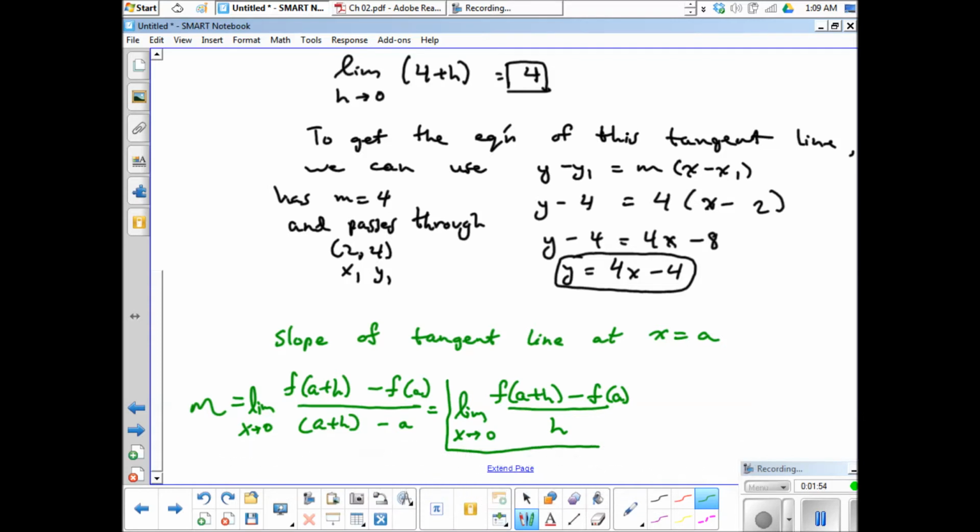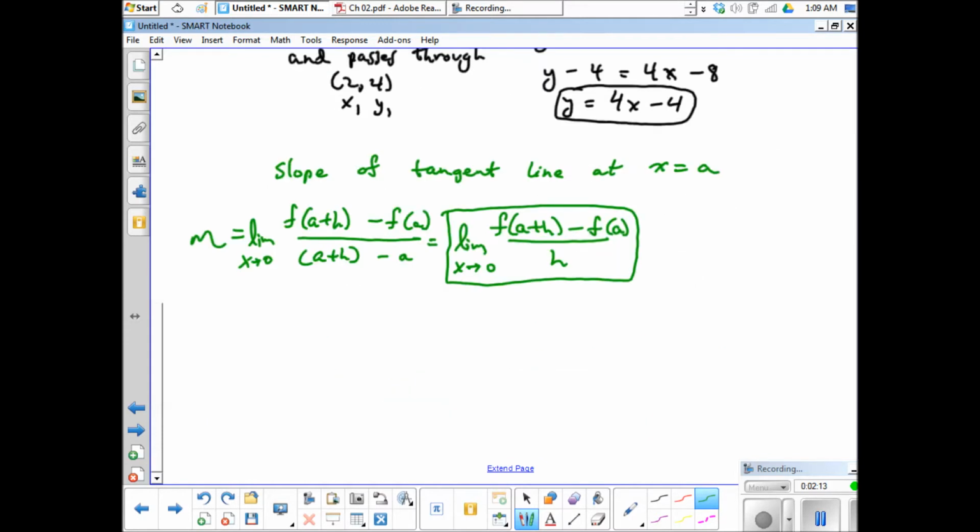The slope of tangent line for a given point. Alright. So let's go ahead and use that the next time we are asked to find the slope on a curve and they give us a value of x. Okay, speaking of which, let's go on and do an example.